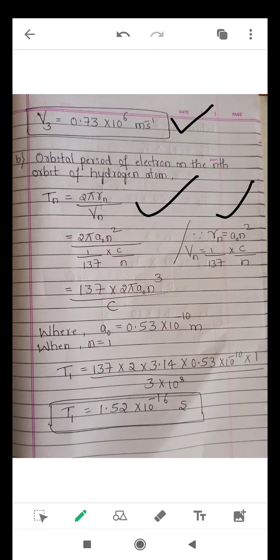We solved this type of problems in the previous video, go through that. And Vn is given by 1 divided by 137 into c by n. By substituting these two in this equation, we will get the simplified form as Tn is equal to 137 into 2 pi a0 n cube divided by c. So a0 is the Bohr's radius, the value of that is 0.53 into 10 to the power minus 10 meters.